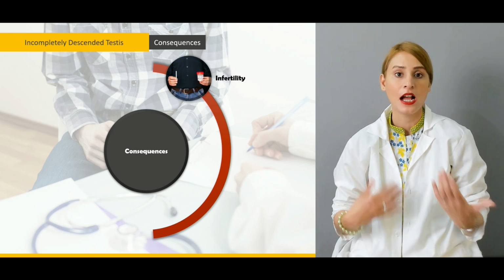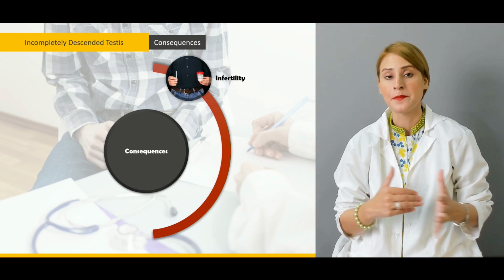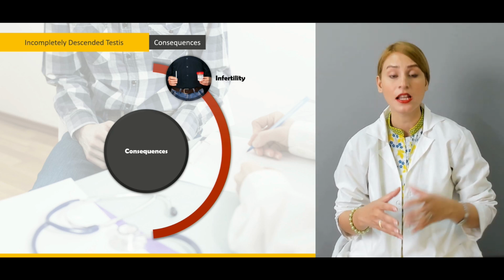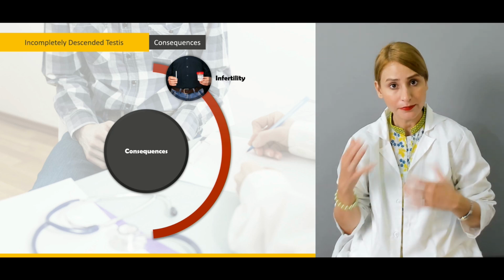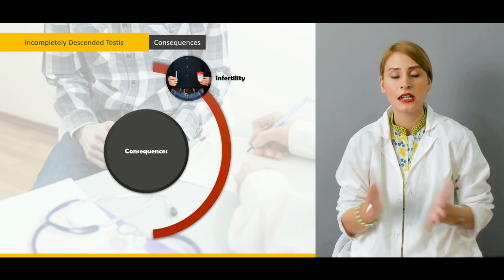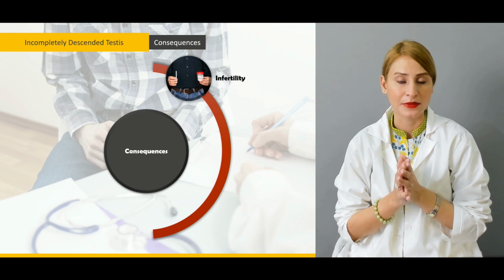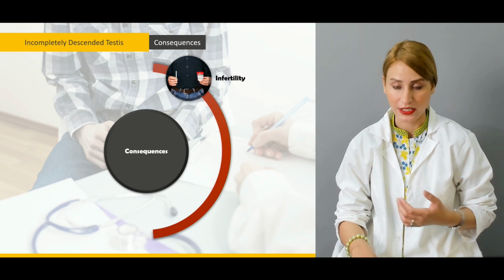But either the testes are in the inguinal canal or in the abdominal cavity, where there is an increase in temperature. Because of that, the process of spermiogenesis is badly affected, and that leads to infertility.